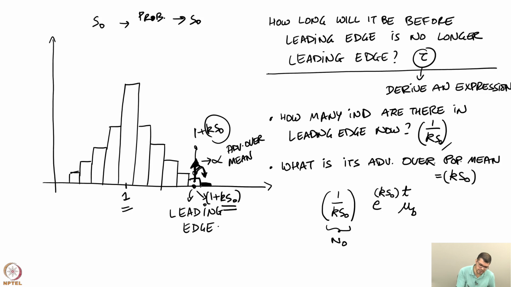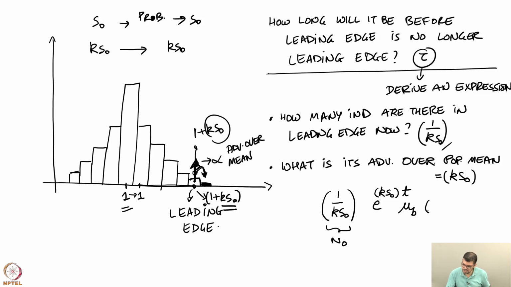Its advantage over the population is also Ks naught, because the population mean has shifted by that time to this point. So, this is also Ks naught. Mutations occurring at the leading edge are Ks naught above, so the probability that it will survive drift is also Ks naught.